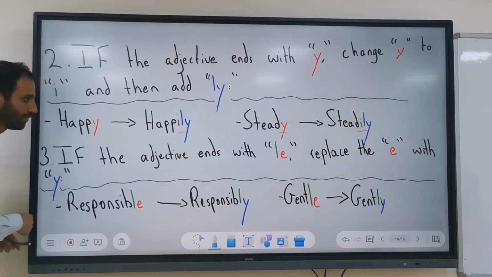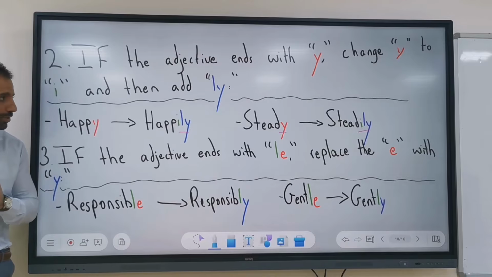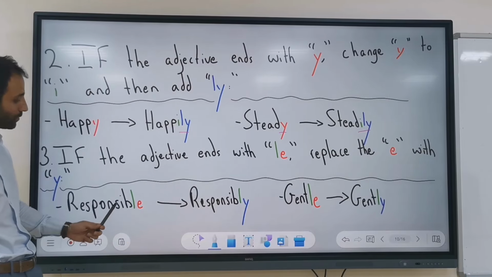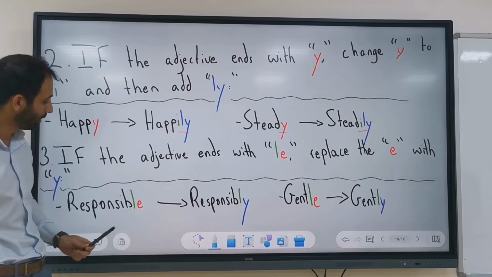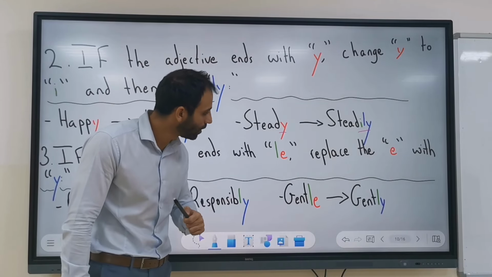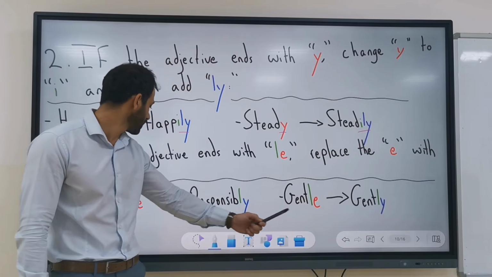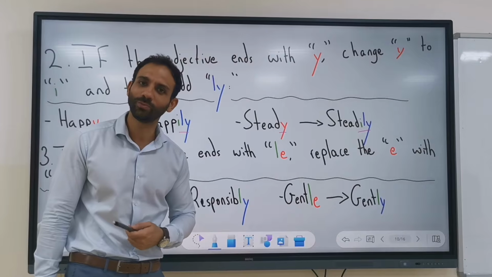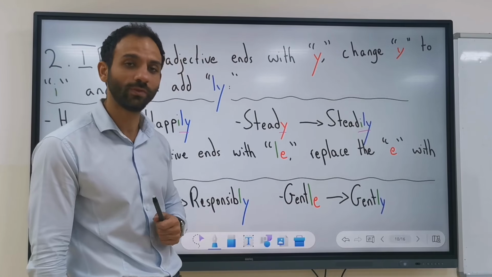Of course. If your adjective, the word you're changing, ends with le, like gentle, like responsible, alright? If the word you are making into an adverb ends with these 2 letters over here, what you have to do is drop the e, Mr. Rami put them here in red, and then we add y instead of the e.